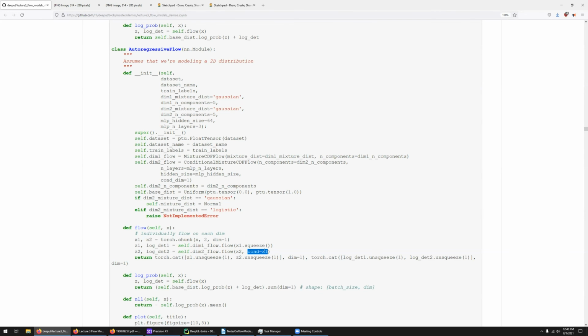Then the neural network says, okay, I know that the first one was this, so what should I output depending on that? If the first value is 1, then it has a different distribution than if it's 2. It's the same idea as in the autoregressive MADE.